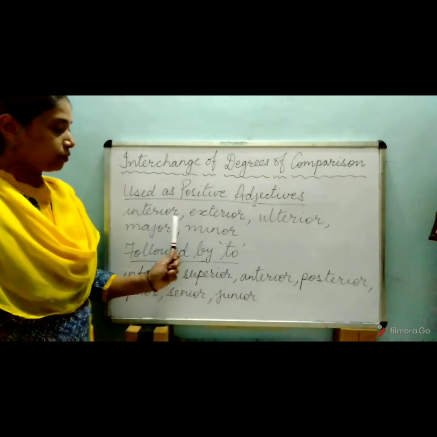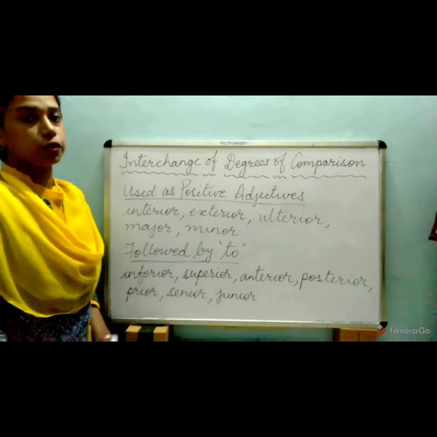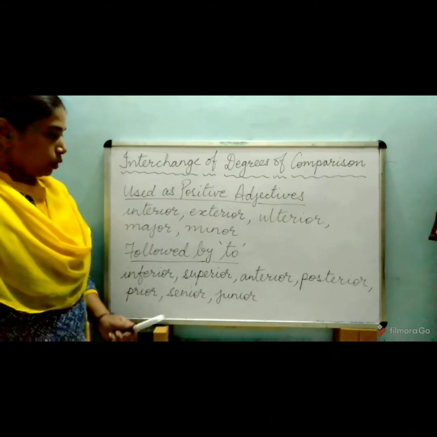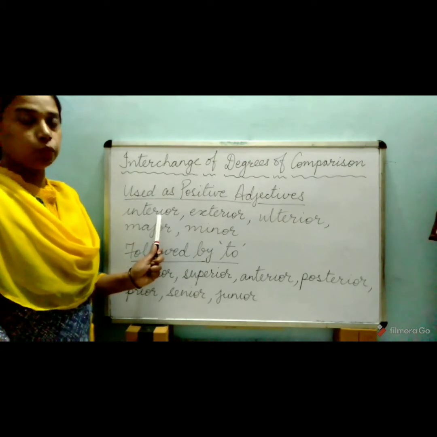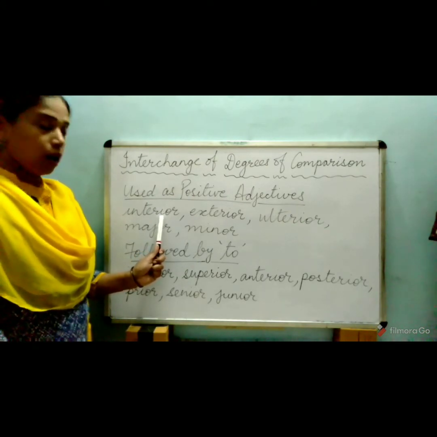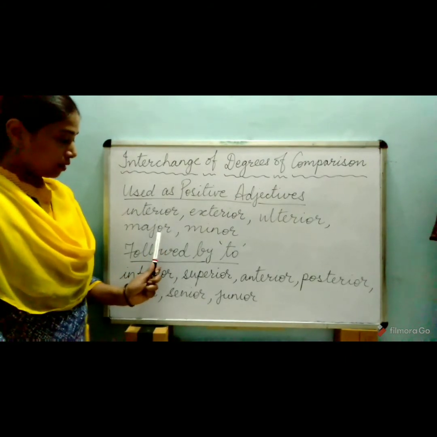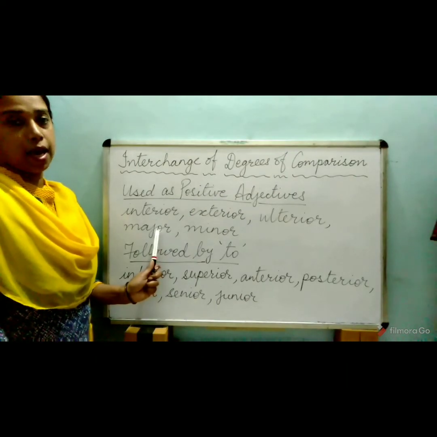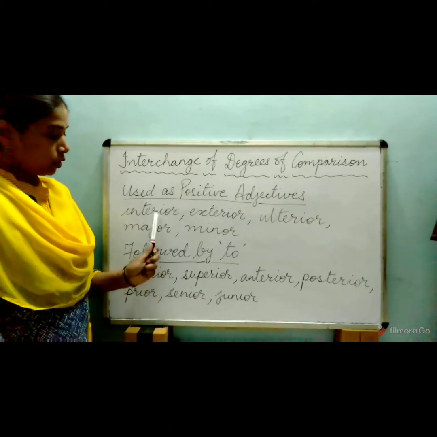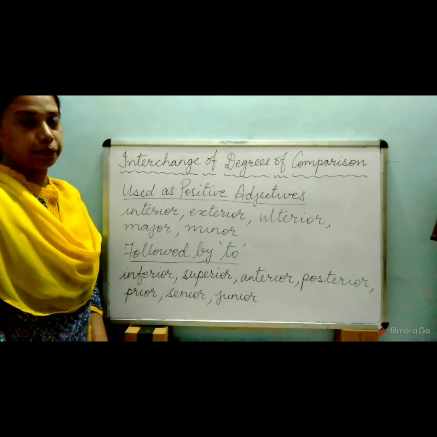So we just say, for example, the interior walls of the house are made of wood, or a major portion of the syllabus has been completed. So here these words are used as positive adjectives.